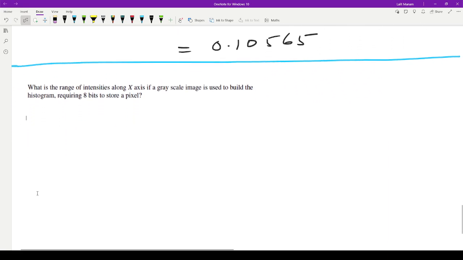So what is the range of intensities along the x-axis if a grayscale image is used to build the histogram, requiring 8 bits to store any pixel? Can anyone try to answer this?